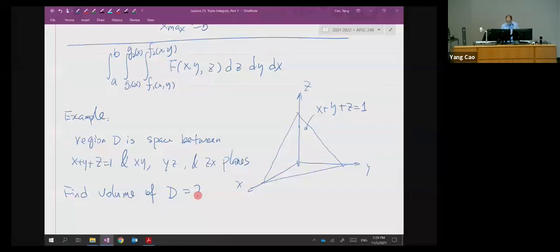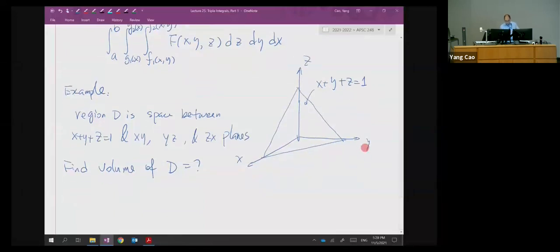Technically, you don't really need a triple integral. Even a high school student will probably be able to get the volume. This is called a tetrahedron. You could just calculate the area of the base times the height and then divide by 3. So you get a volume.